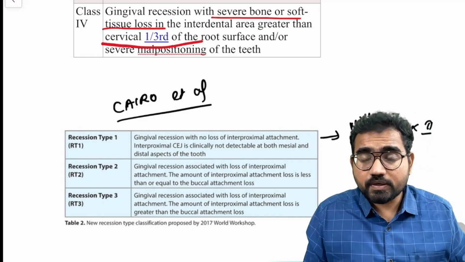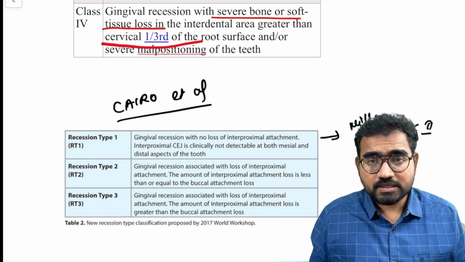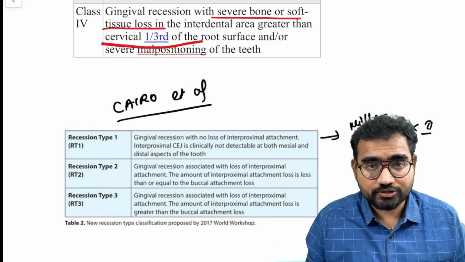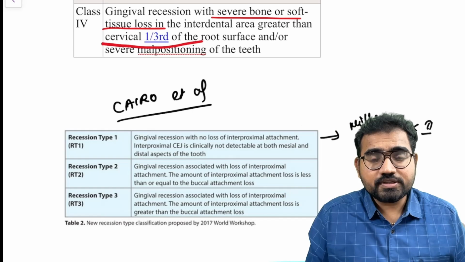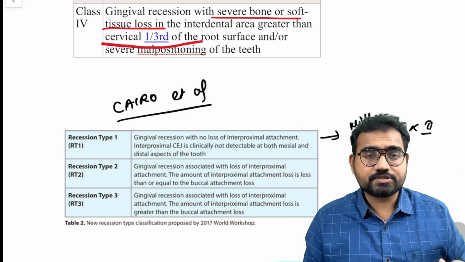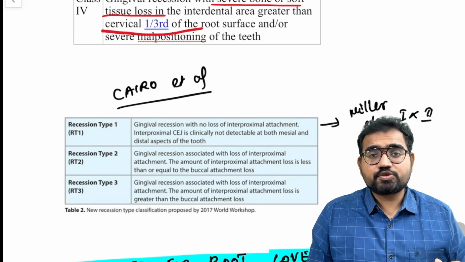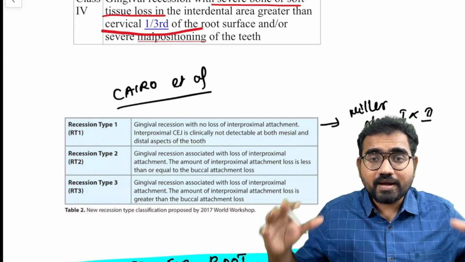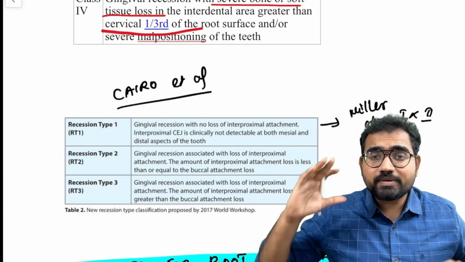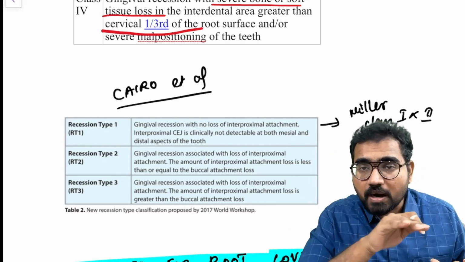In Miller's class 1 and 2, there is not going to be any interdental soft tissue loss or bone loss. There is going to be only marginal tissue recession that does not extend to the mucogingival junction. In the same way, there is no interproximal attachment loss and the CEJ is not seen mesially and distally. Now RT2 is the gingival recession which is associated with a loss of interproximal attachment, but the interproximal attachment loss is less than or equal to the buccal attachment loss.